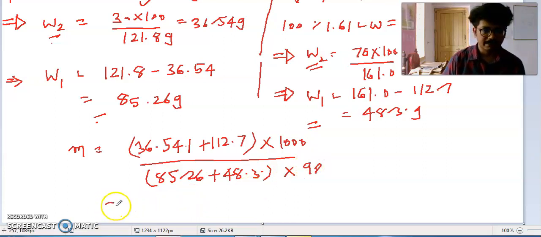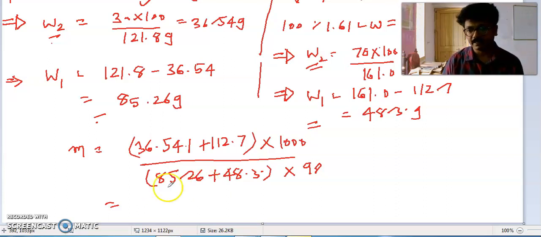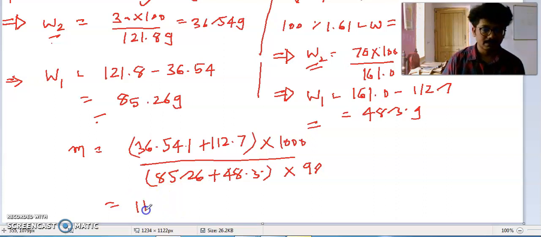When you find this, you get the resultant molality when equal volumes of these two H2SO4 solutions with specific density are mixed together, and the answer comes 11.4.